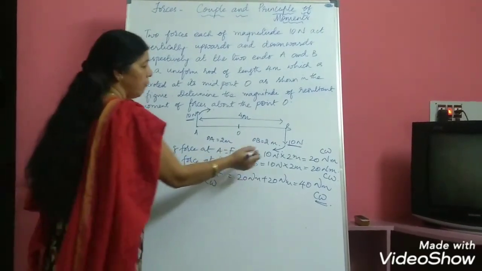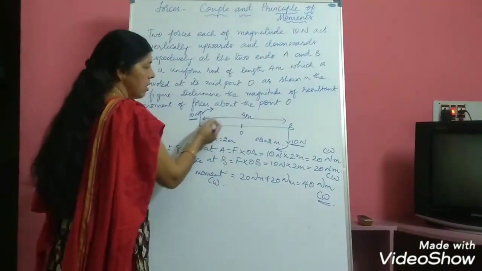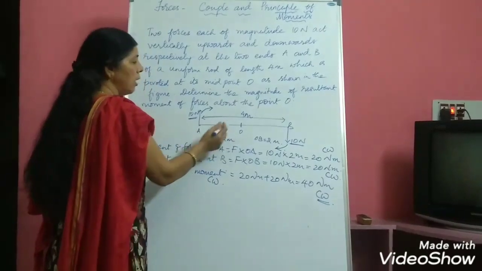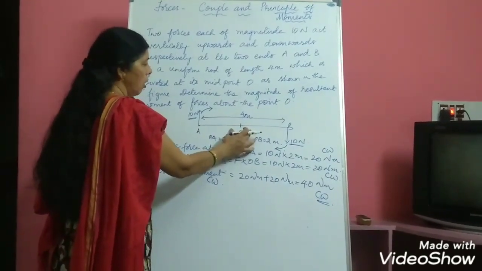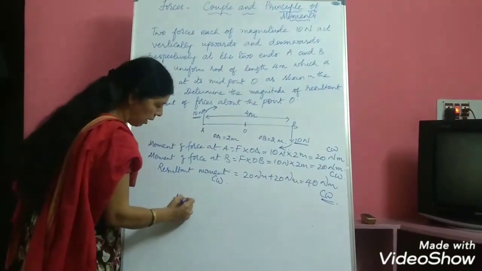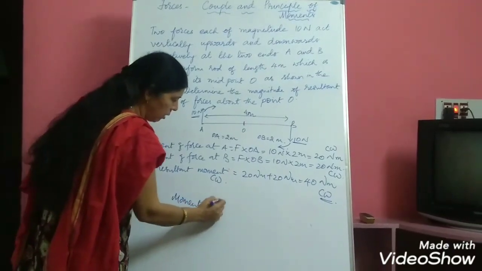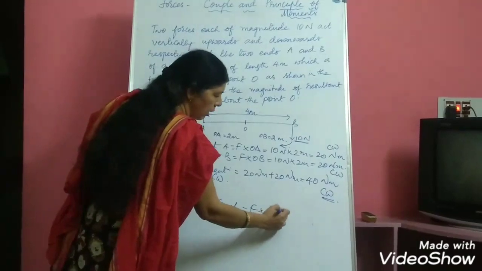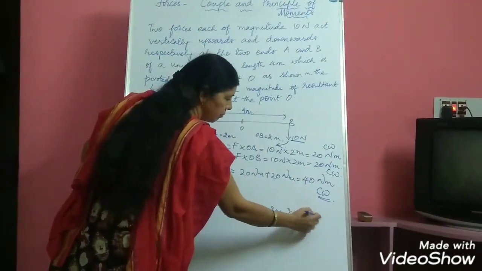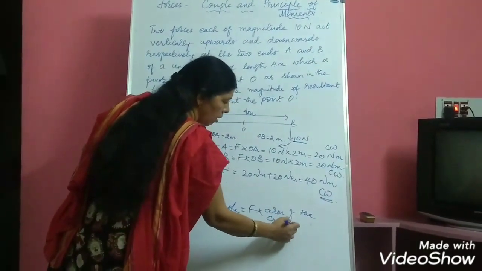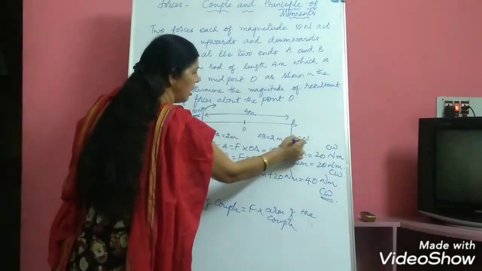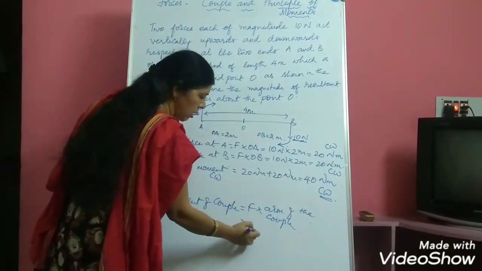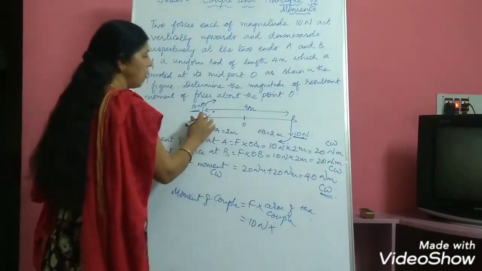Now here, if this rigid bar starts rotating, then you can calculate the moment of couple also. Here moment of couple can be calculated by using the formula force into arm of the couple. Now here the forces are identical, so you can take the force as 10 Newton. Now what is the arm of the couple?